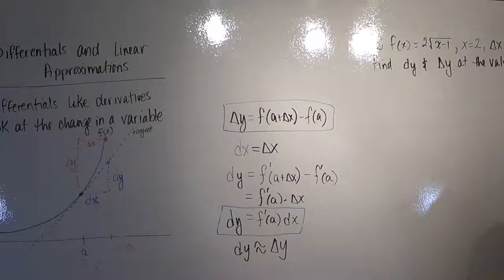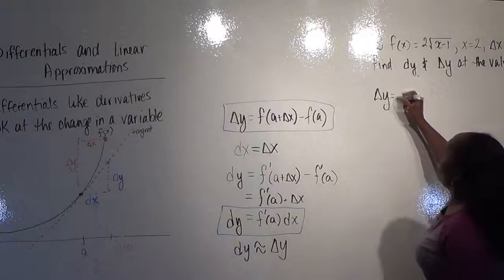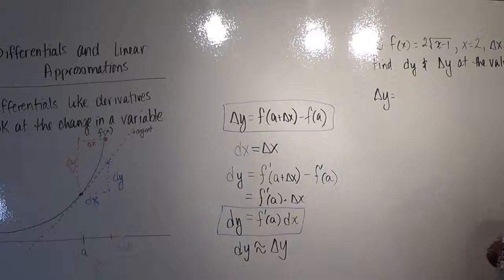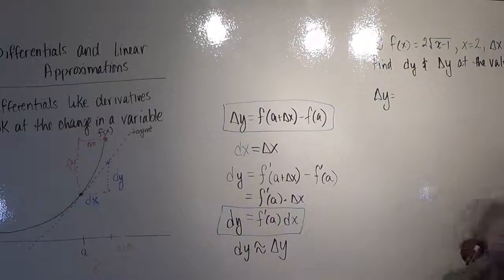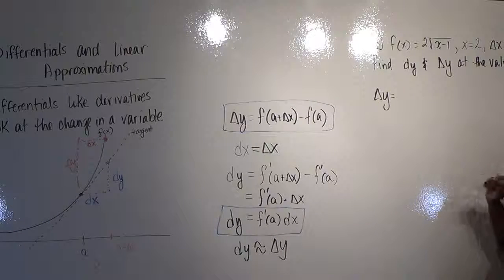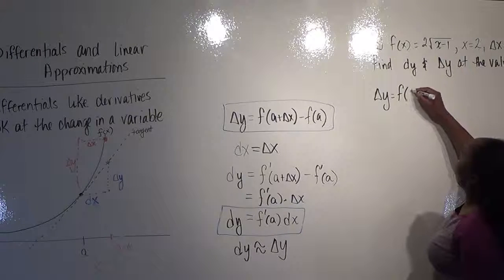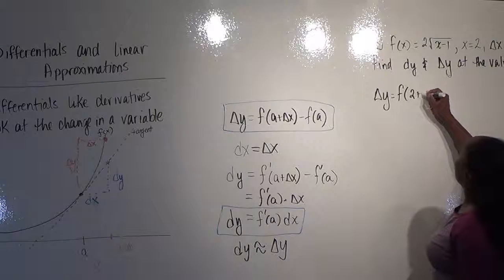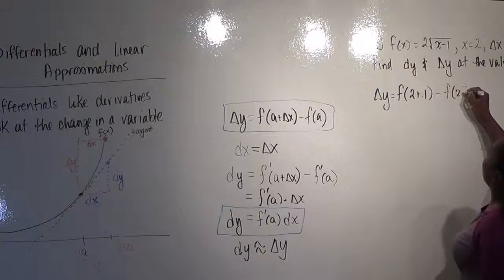Okay? So let's start with delta y. Delta y, again, is our change in function values. So in this case, the x that we're given, we're going to treat that like our a. That's the point we're starting with. And this is the point we're moving away from. Okay? So here, our delta y is going to be f of 2 plus 0.1 minus f of 2.